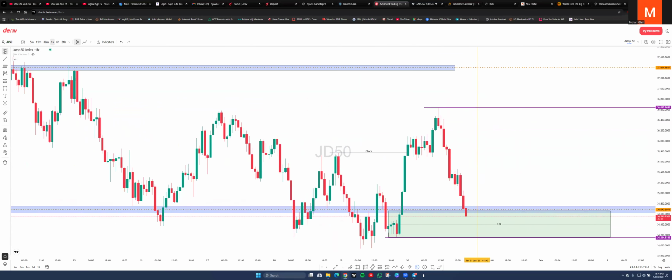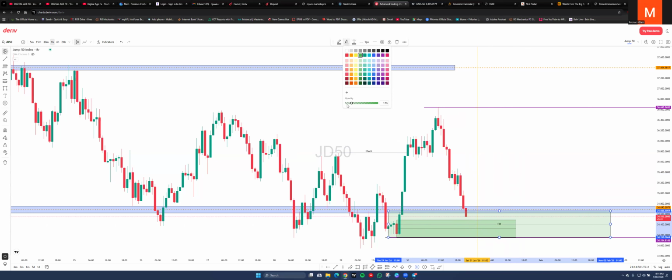Sorry, I'm having a bit of a cold. So yeah, the market could be heading for these order blocks. I would make this one a bit transparent because it's 4 hours.